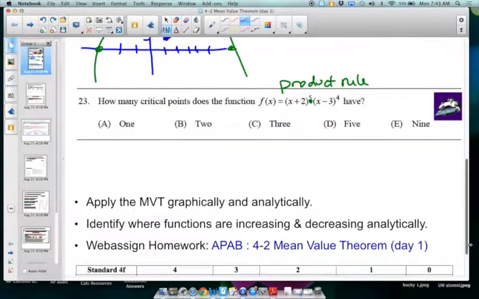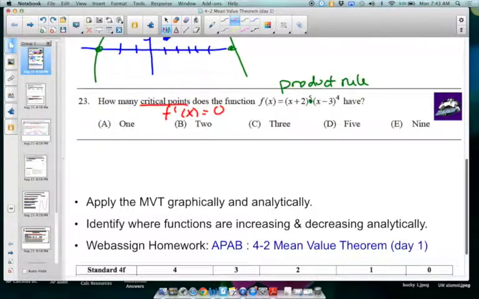How many critical points? So what do we have to do to find critical points? You gotta do the product rule, which means you have to take the derivative and find where it's what? 0. Ready for the derivative?